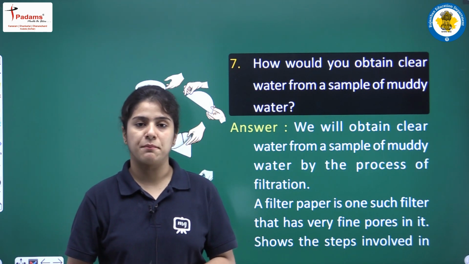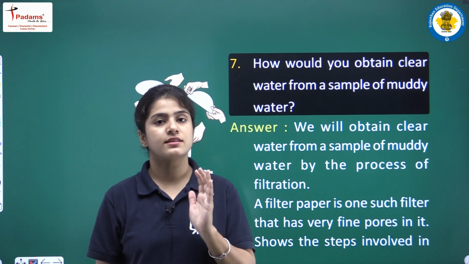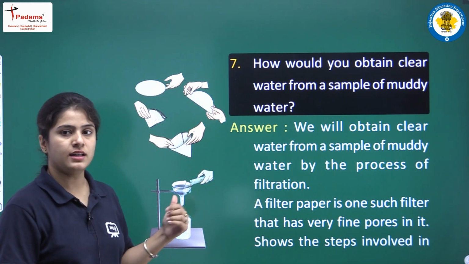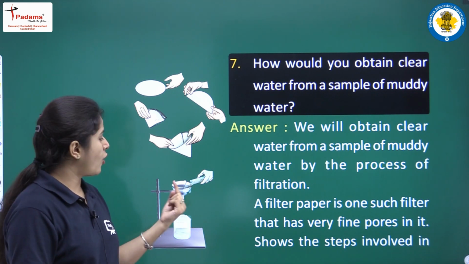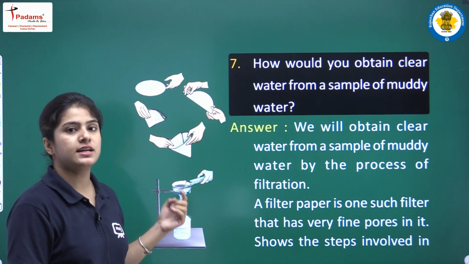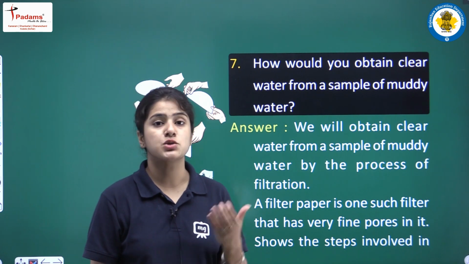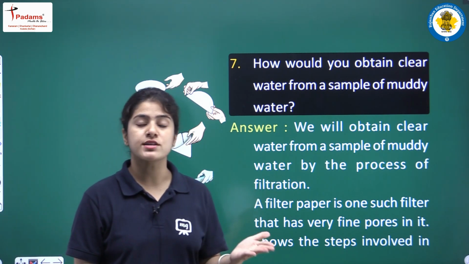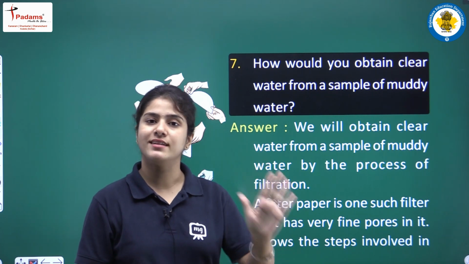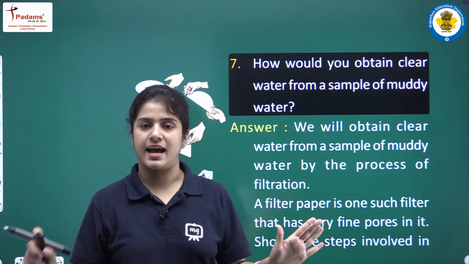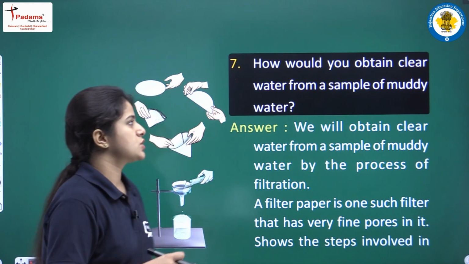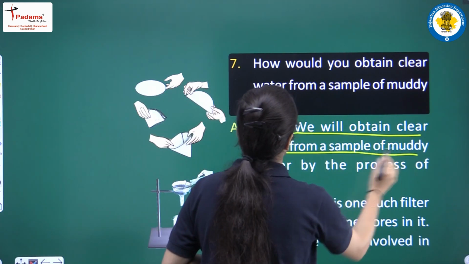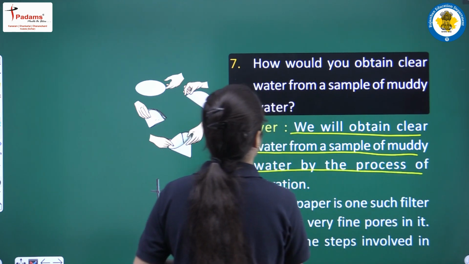What will happen? The clear and very clean water will come out of the funnel into the beaker, and the mud will remain stuck on the filter paper. It will not pass through the filter paper. So in this process we can clearly separate clean water and the sand or mud. We obtain clear water from a sample of muddy water by the process of filtration.